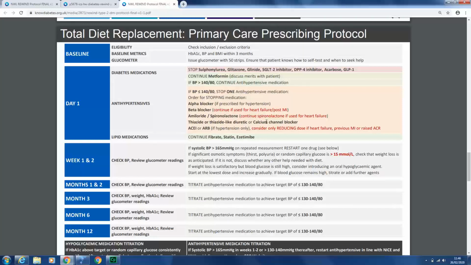Again, caveat around reducing dose if the patient has heart failure, previous MI or raised ACR. They should continue with lipid medications, and then there are some criteria for stopping or continuing medications dependent on what their blood pressure is at intervening medication review times. Again, as I said, these can be done by telephone with the patient.